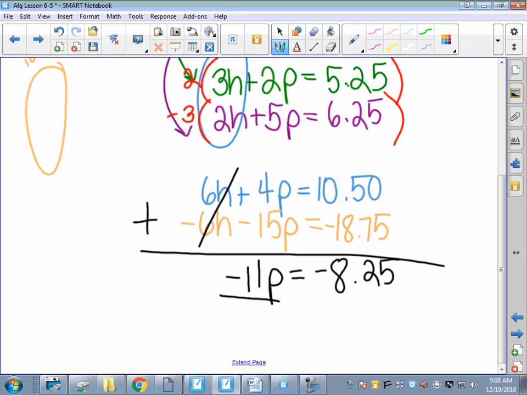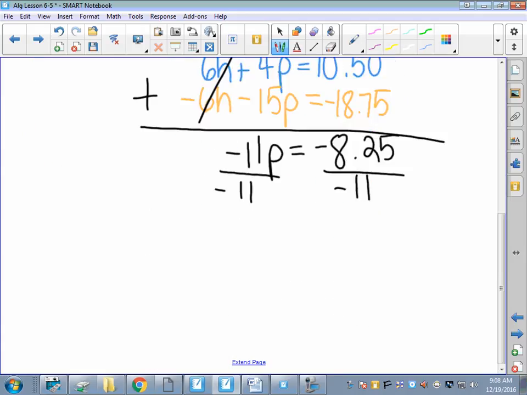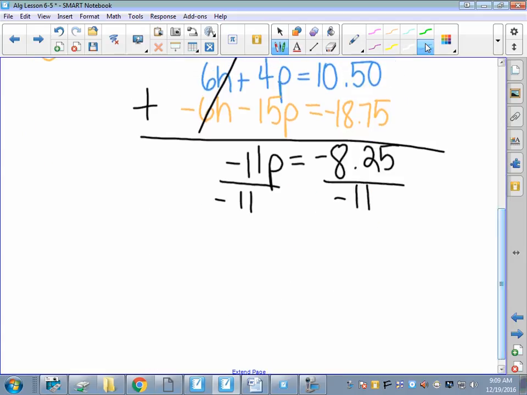Divide both sides by negative 11. Please grab your calculators. I'm hoping that I've done my math right. Negative divided by negative becomes a positive, so a pop should be, what is that, 75 cents? So I'm going to plug in to any one of my equations. I'll go to one of my top ones.